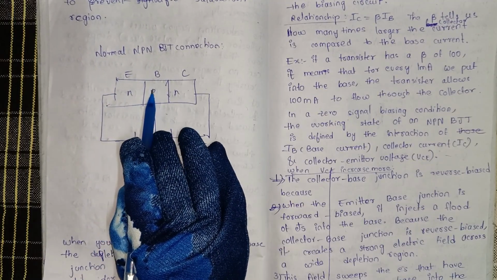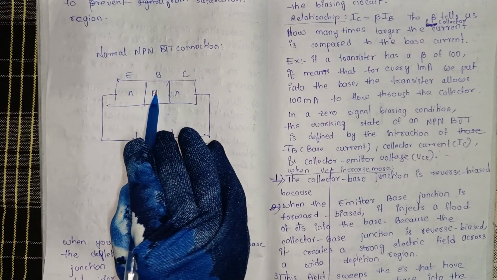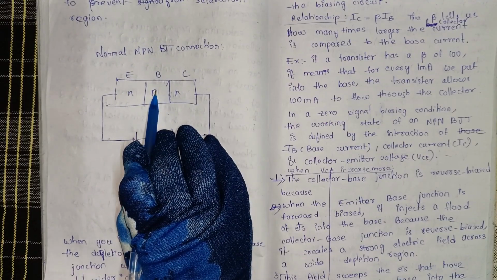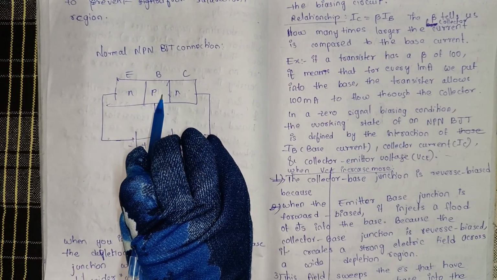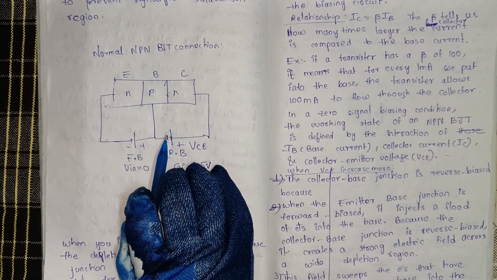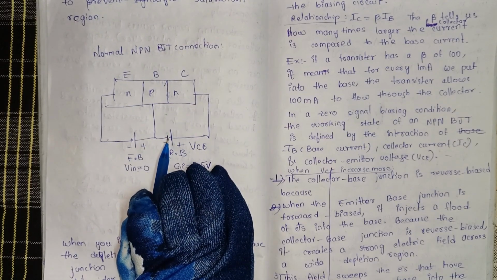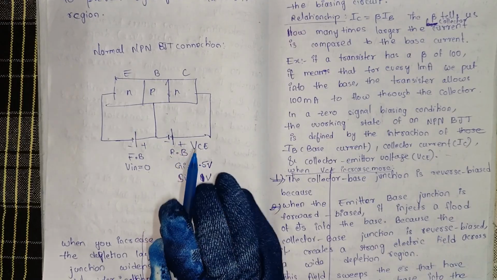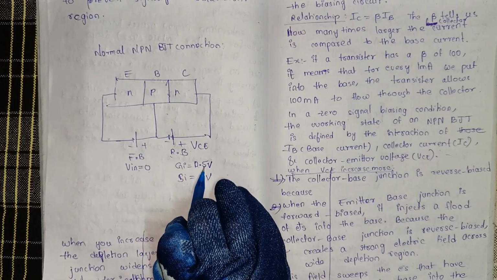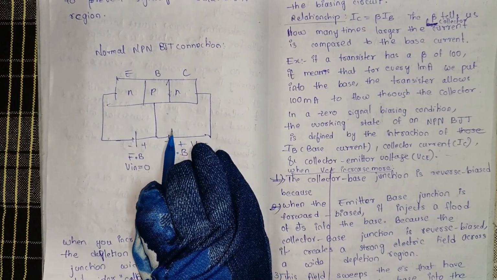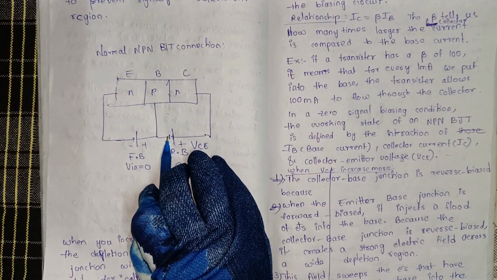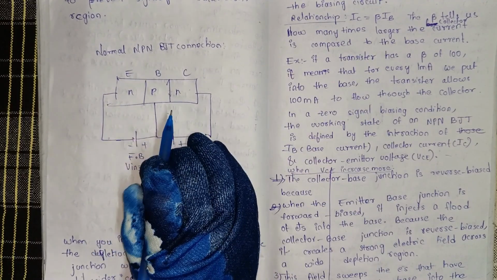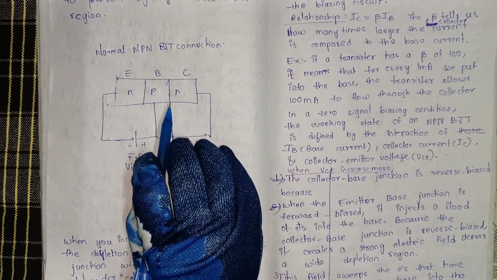These electrons are swept into the base p-type material. If VCE is low, less than 0.5, it does not maintain the reverse bias.